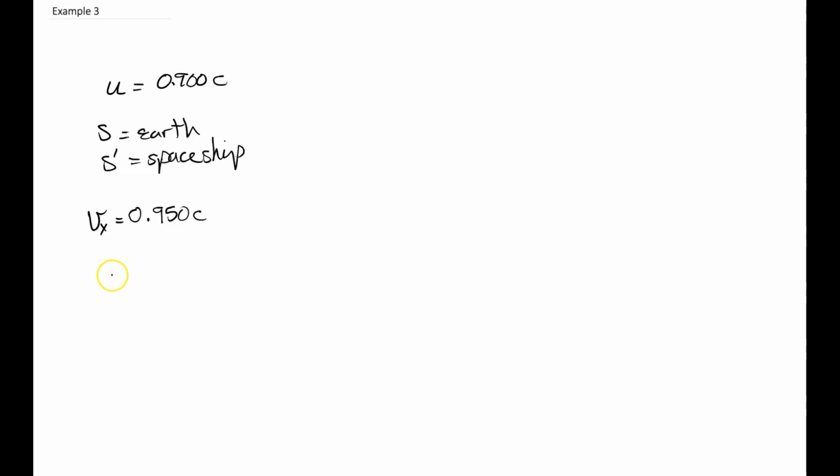So this is of the scout ship relative to S.